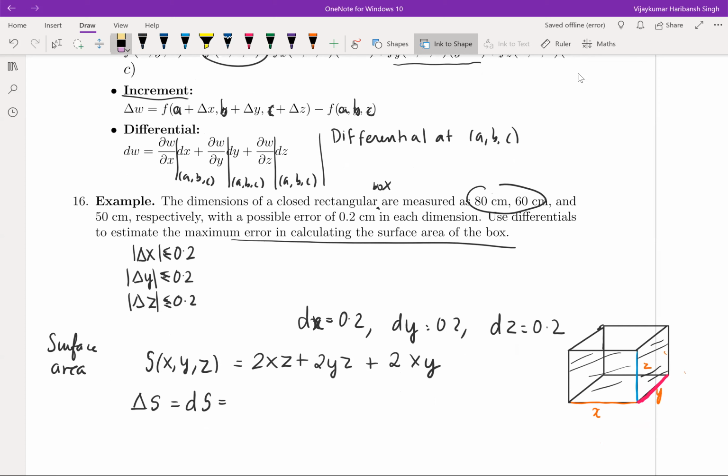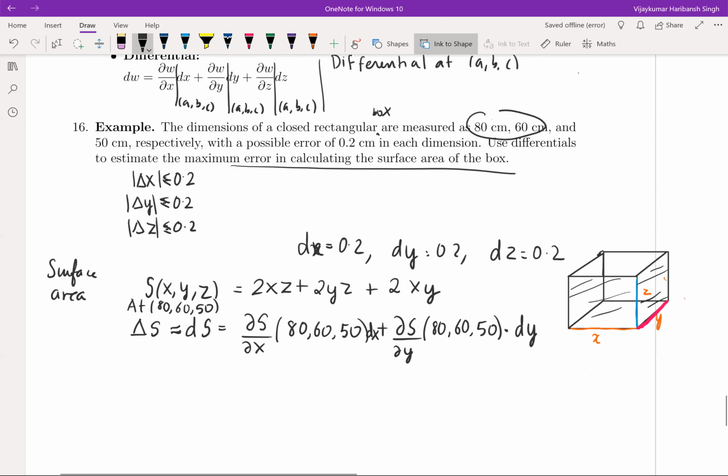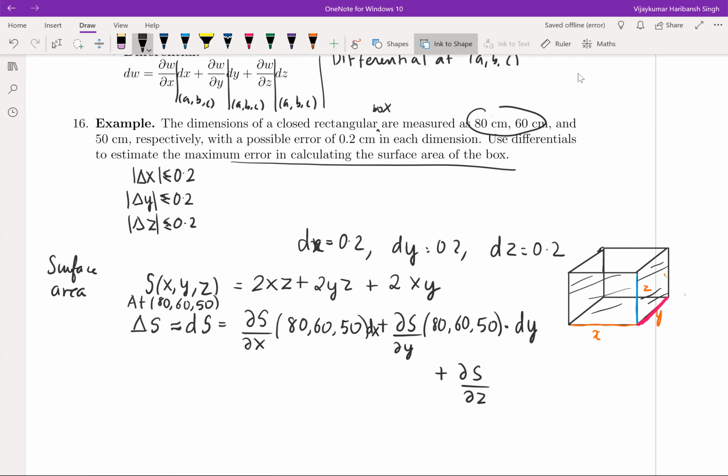So delta S is approximately equal to the differential dS, which is the partial derivative of S with respect to x, evaluated at 80, 60, 50, times dx, plus the partial derivative with respect to y at 80, 60, 50 times dy, plus the partial derivative with respect to z at 80, 60, 50 times dz. So this is the differential. Of course, we'll put the values of dx, dy, and dz later.